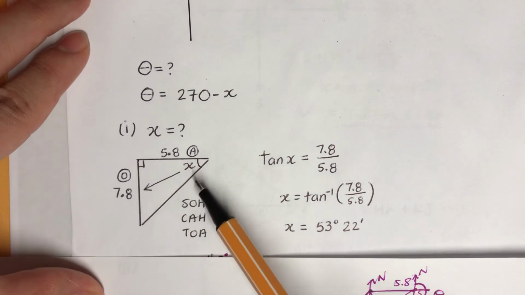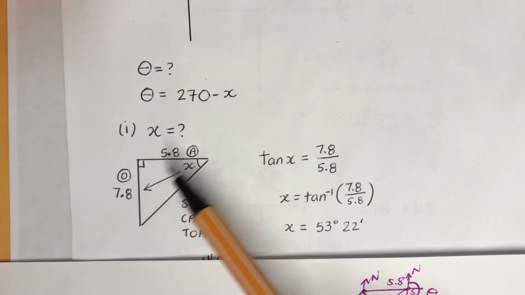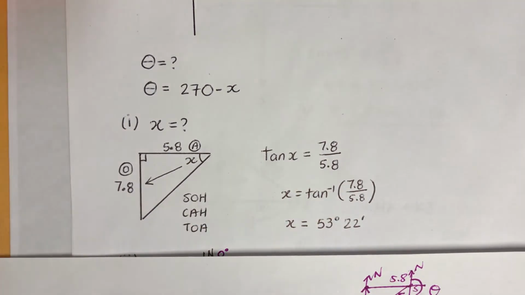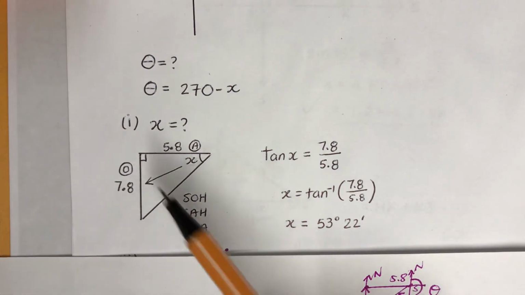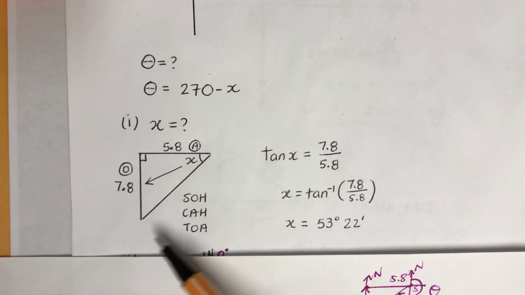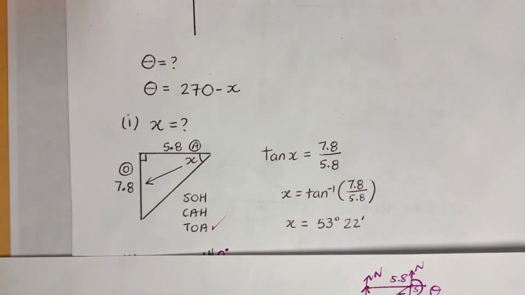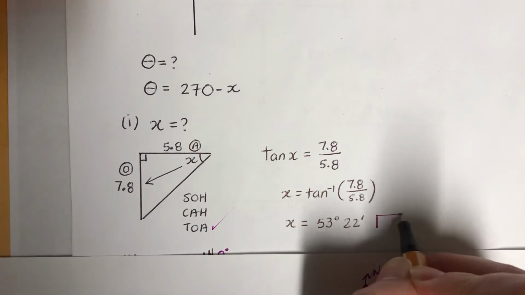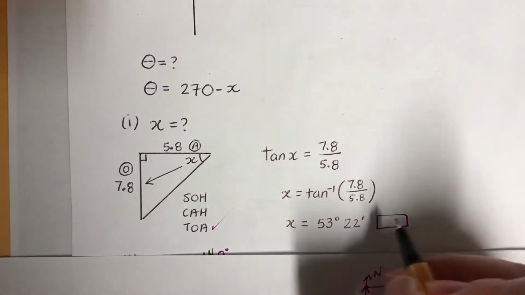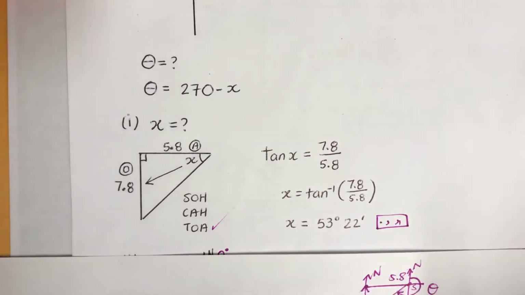So to find the x, I'll just sketch that triangle again and label it first, and then we have to pick SOHCAHTOA. So it's O and A, which is tan. And when you do that, I'll get 53 degrees 22 minutes. Make sure you use a calculator, and to convert to DMS, you need to press this button.